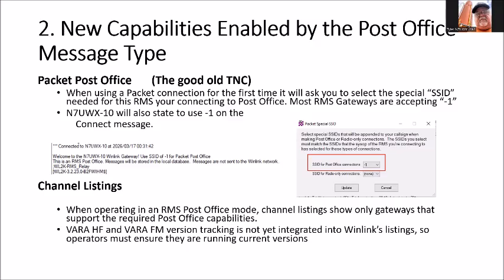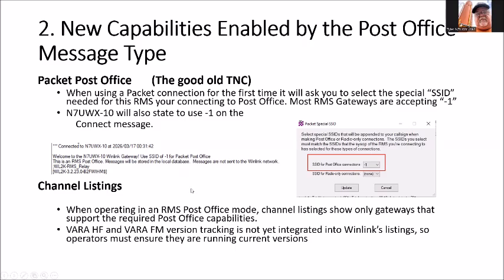As you can see in this window here, it will come up so you can select which connection you're going to use. Radio only, you can leave it none. I don't think you have to select anything there, but for post office, select a -1 for packet. And also when you connect, there'll be a message that says the SSID for this packet post office is a -1.